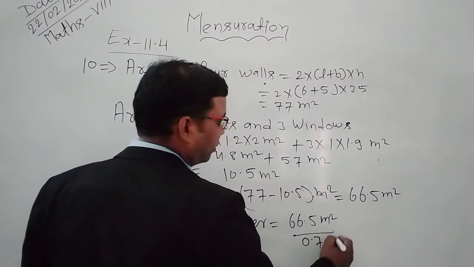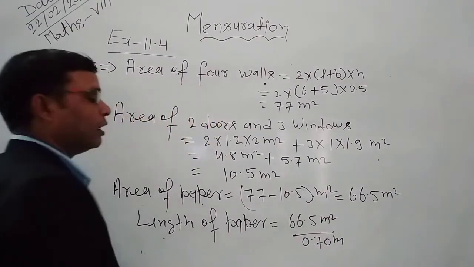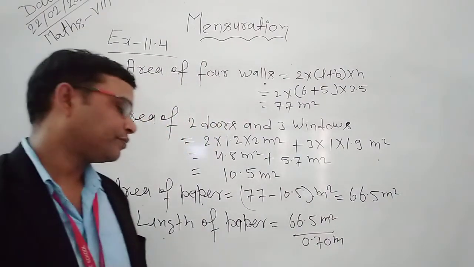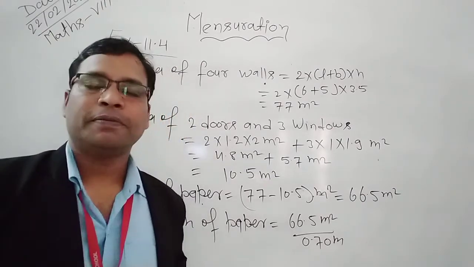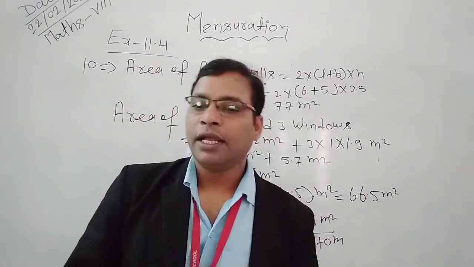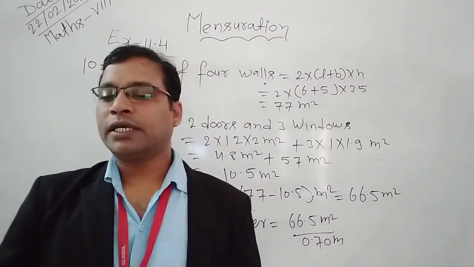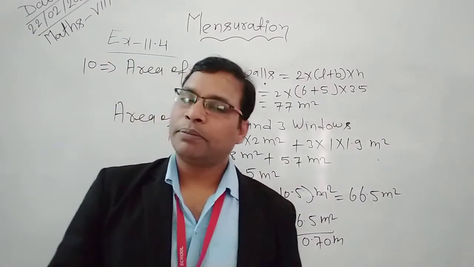If you solve this, then you get the length of the paper. After this, if you multiply it by the rate of paper per meter, then you get the cost of paper.